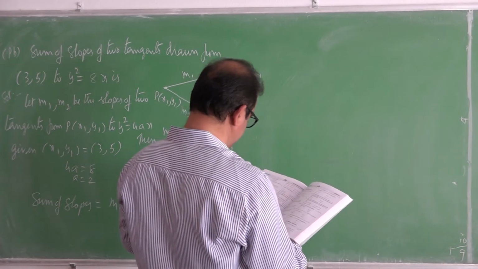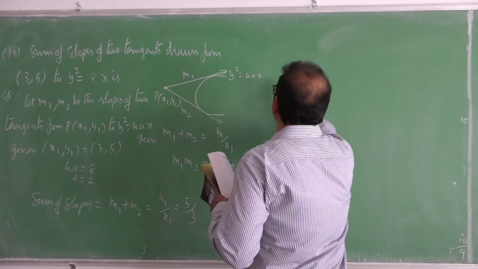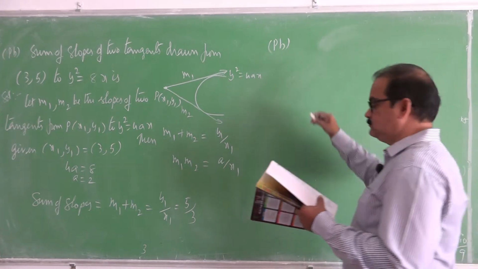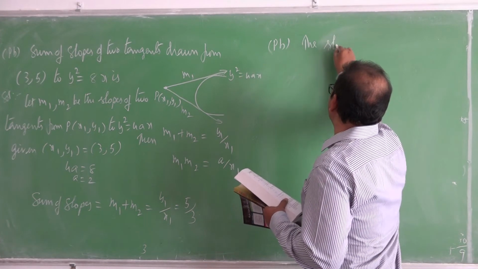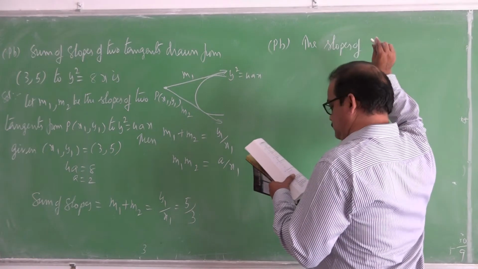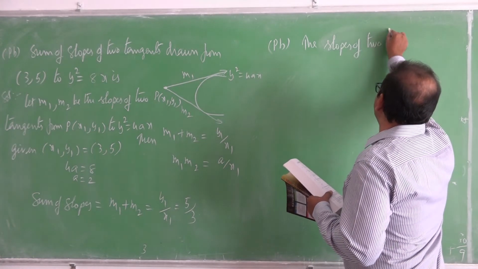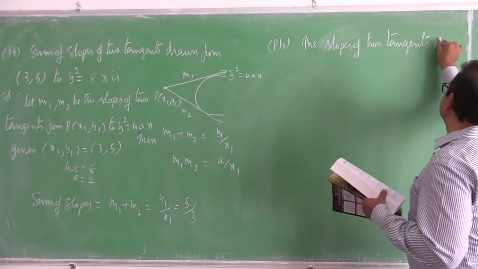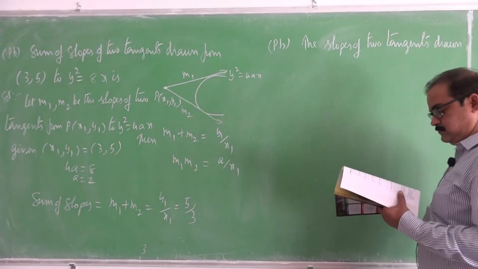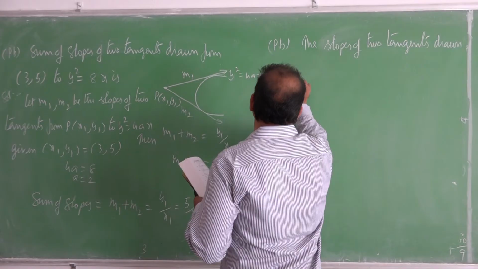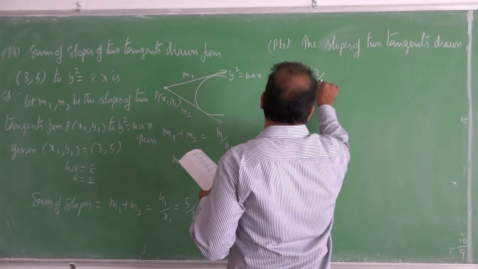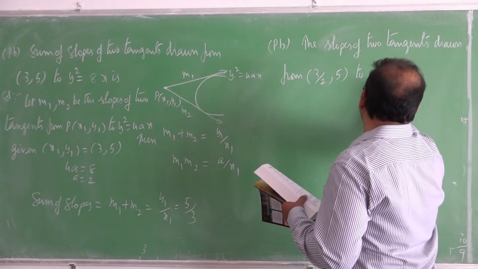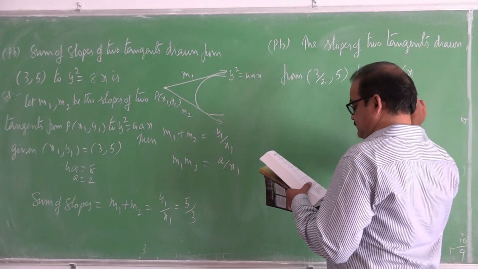Next, the slopes of two tangents drawn from (3 by 2, 5) to the parabola y square is equal to 6x.